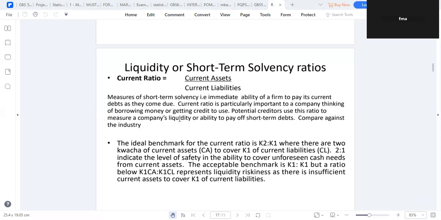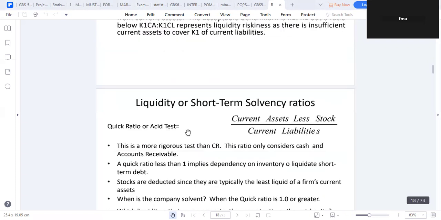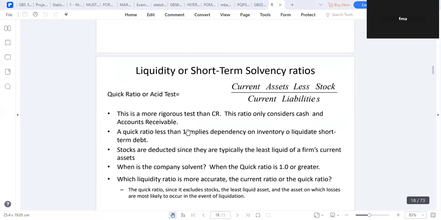So the current ratio is simply given by current assets over current liabilities. We also go to our quick ratio or acid test ratio, current assets minus stock over current liabilities. It is more rigorous than the current ratio. It considers the cash and the receivables.